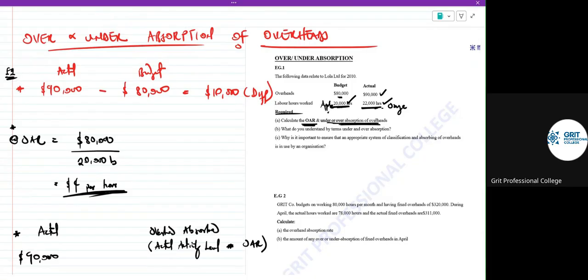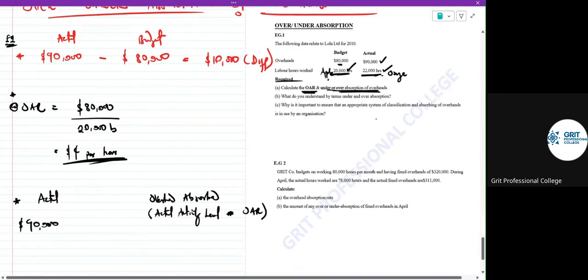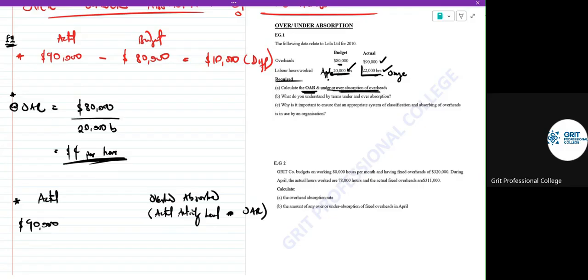All right. So what that basically means is that we should be able to estimate a certain amount of overhead we are going to incur if, at the time that we were planning, we knew that the company was actually going to work 22,000 hours.